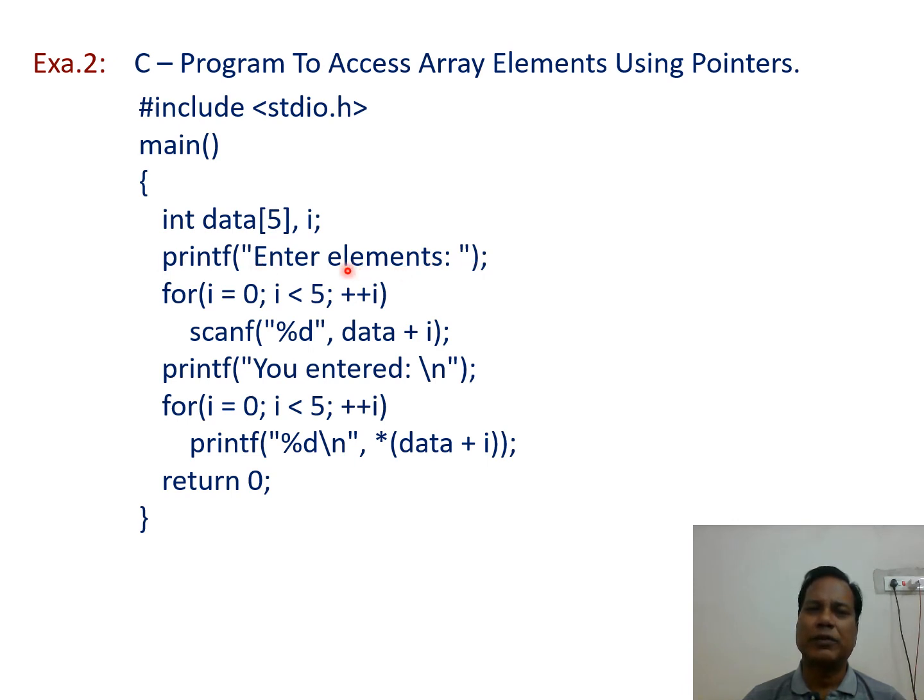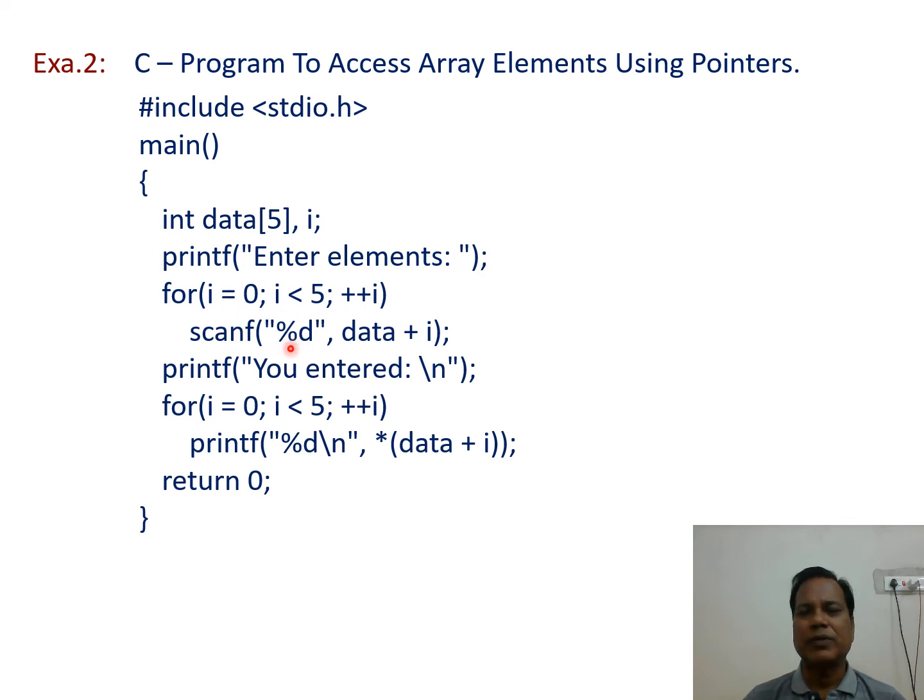When it is printed on the output screen, the user enters the elements of the array, and then using a for looping statement, I equal to 0, I less than 5, plus plus I, scanf.